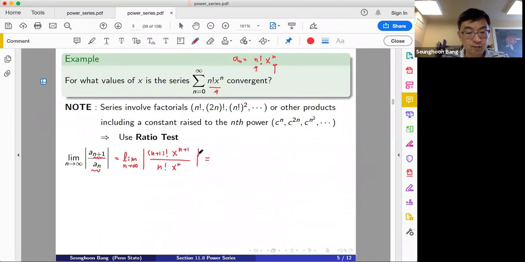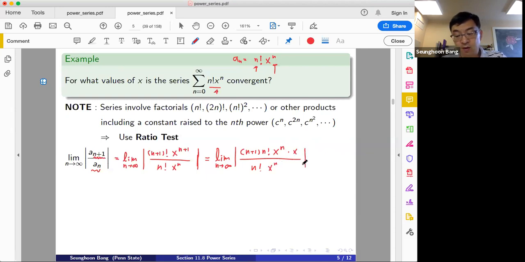This is the limit as n approaches infinity. So I want to expand (n+1) factorial. (n+1) factorial is (n+1) times n factorial. The x to the n plus 1 is x to the power n times x, over n factorial times x to the n.